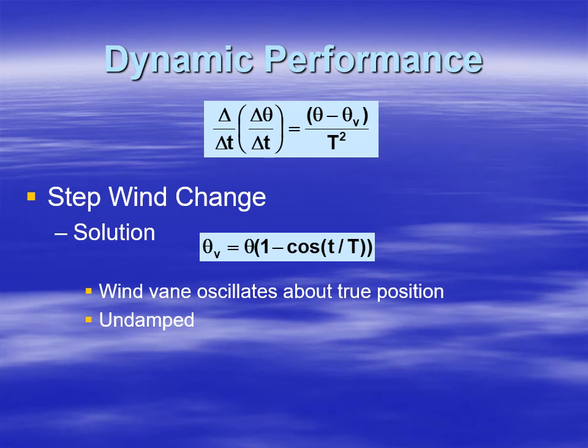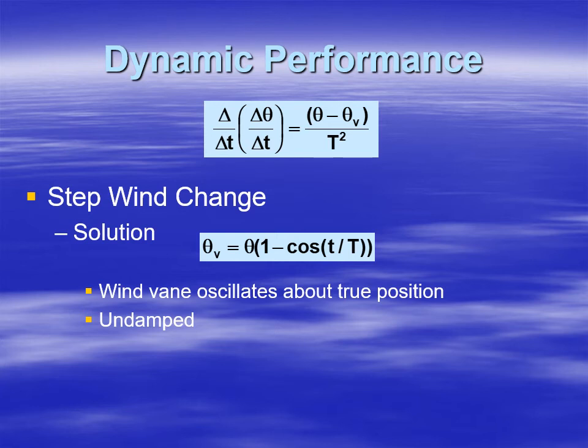differential equation. Actually, it's a second order differential equation that is homogeneous, because we have a change in theta. So the solution to that, believe it or not, is a sine or cosine wave. It's a trigonometric function, and it looks kind of complicated.